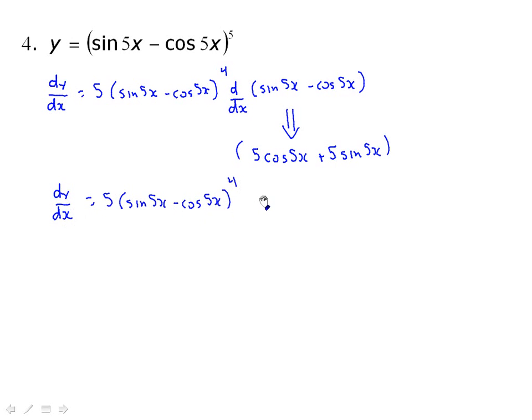Now when you take a look at this next one, you're probably thinking, as am I, that we can factor out a 5. And then that will give you cos 5x plus sine 5x.